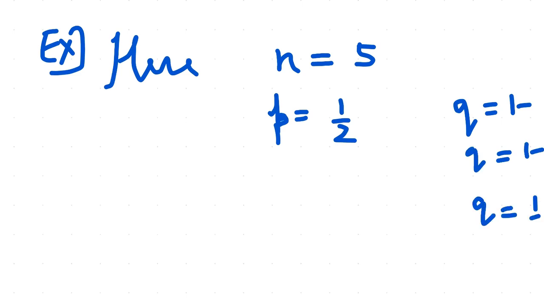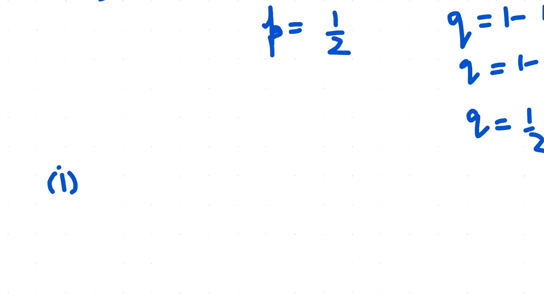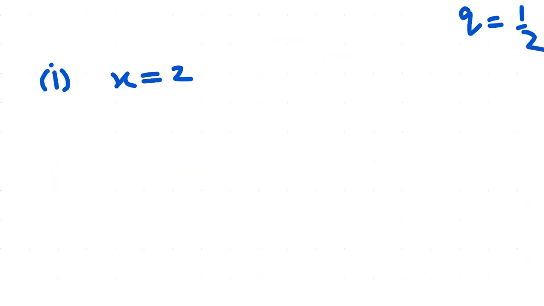Now in the first part, for exactly 2 hats, we will take x is equal to 2. So now we need to find the probability of getting 2 hats in 5 tosses. So let us find.